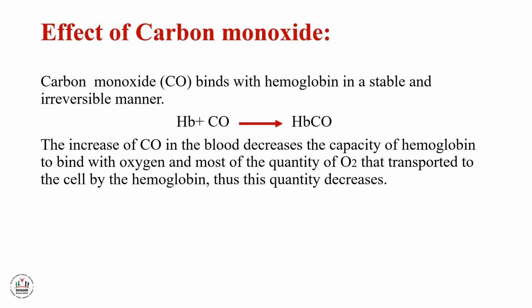Thus its quantity decreases. فالكربون مونوكسيد عنده أفينيتي أكتر، بيقدر يعمل باند أكتر مع الهيموغلوبين من الأكسجين. فلما يكون موجود الكربون مونوكسيد حيعمل باند مع الهيموغلوبين وما حيقدر يعلق الأكسجين، فحتقل الكوانتيتي تاعت الأكسجين بالدم.